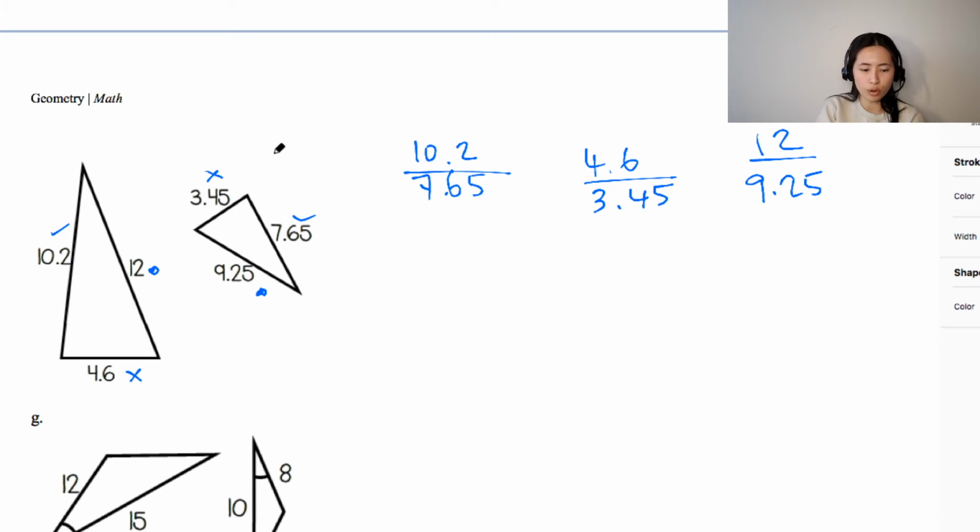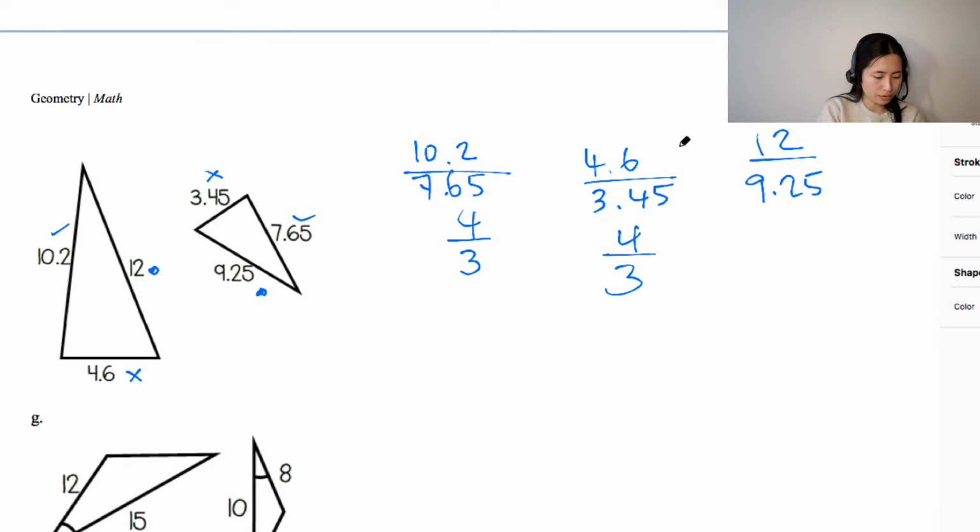So dividing 10.2 by 7.65, that should give you 4 over 3. And finally, 4.6 divided by 3.45 is equal to 4 over 3.